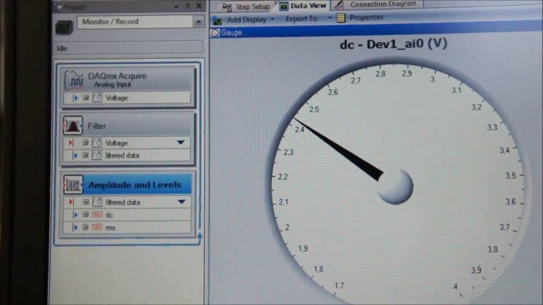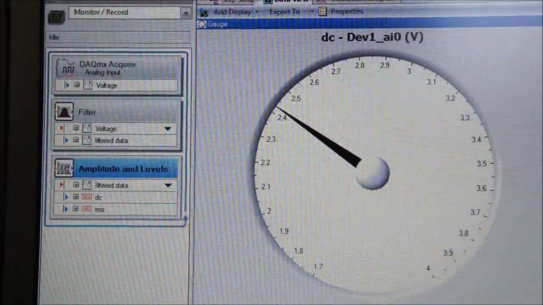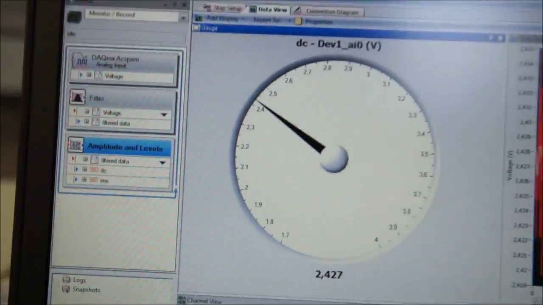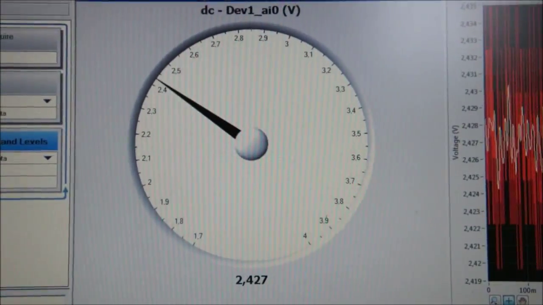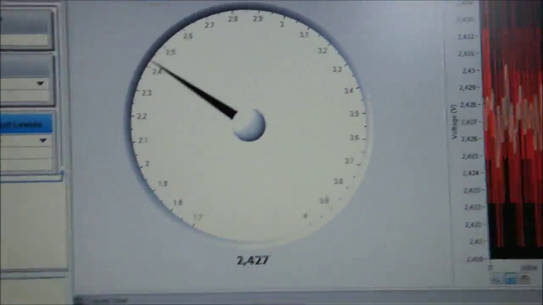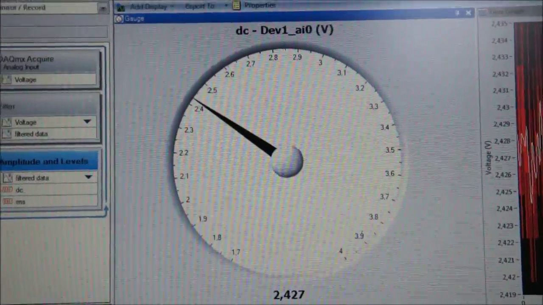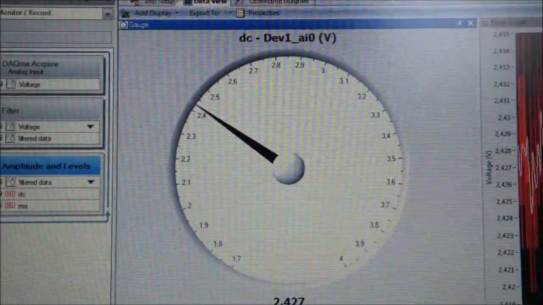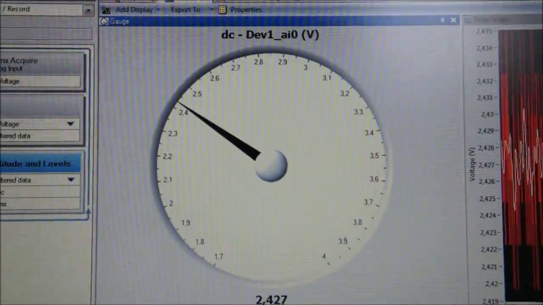Then we have a filter in order to reduce the level of noise, and then we have an amplitude and level calculator. This enables me to output this gauge. I made this because by using the DC level, you get rid of noise when measuring your load cell output.